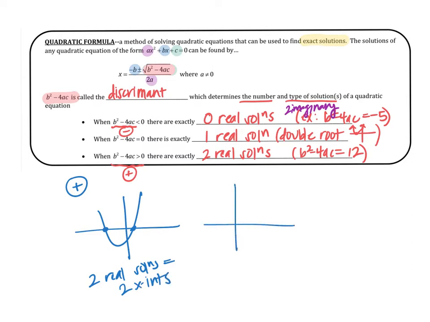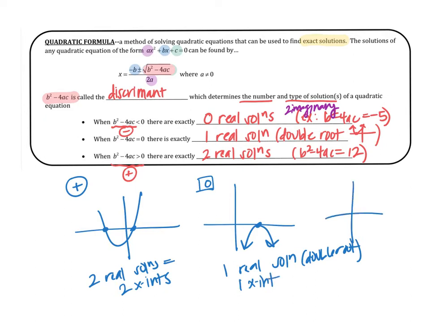Again, we talked about if my discriminant was 0. That means I'm going to have 1 real solution. For example, I may have my vertex here. So 1 real solution, a double root, meaning we list it twice, means I'm going to have 1 x-intercept. You can probably make some conjectures by now.